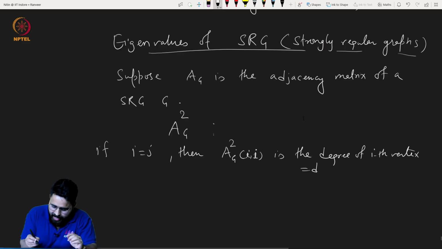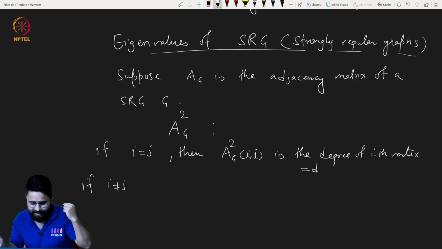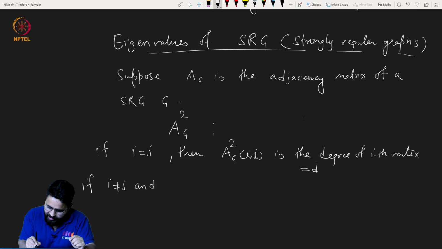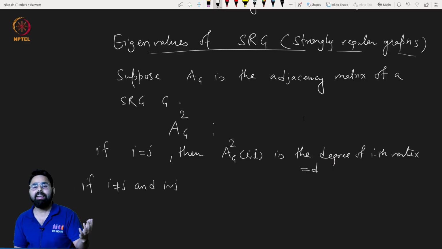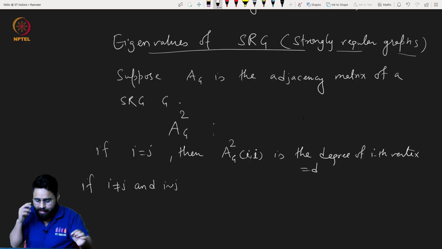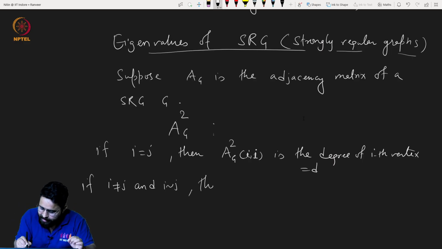Otherwise, if i is not equal to j, basically off diagonal, and i and j have an edge between them, then what will be the A square entry at i, j?